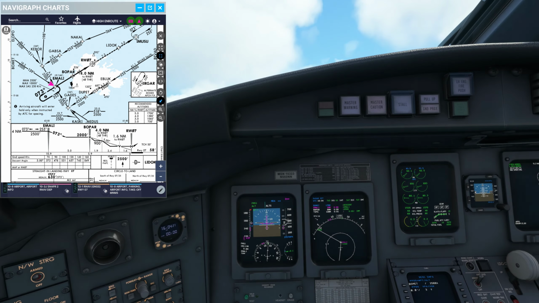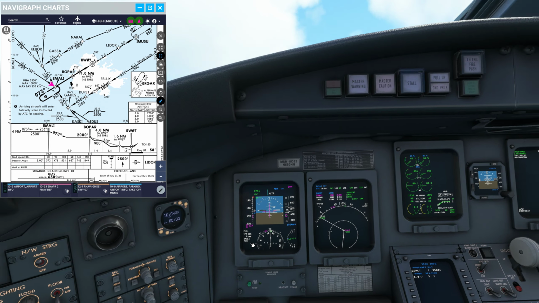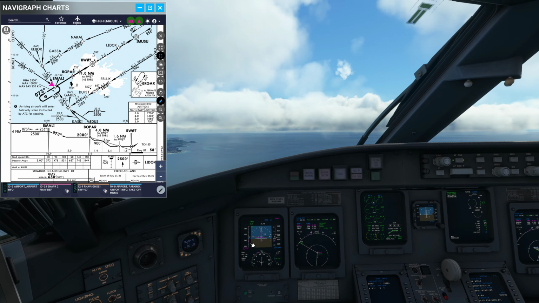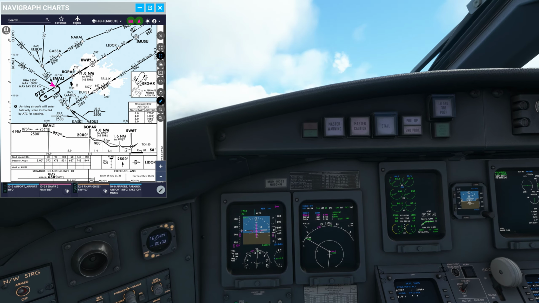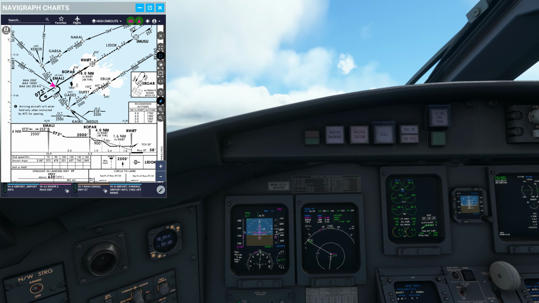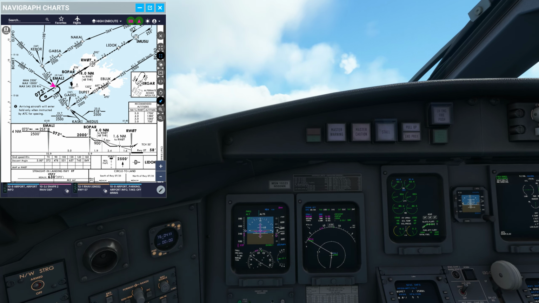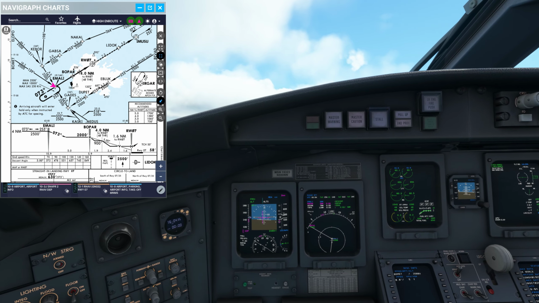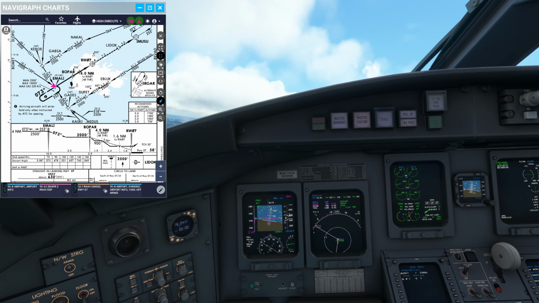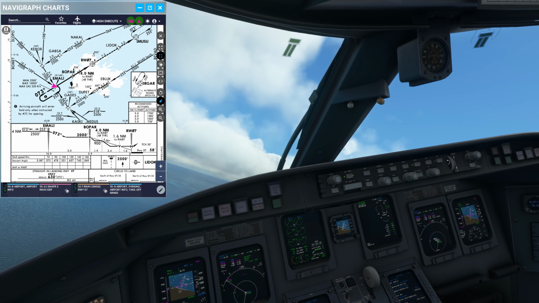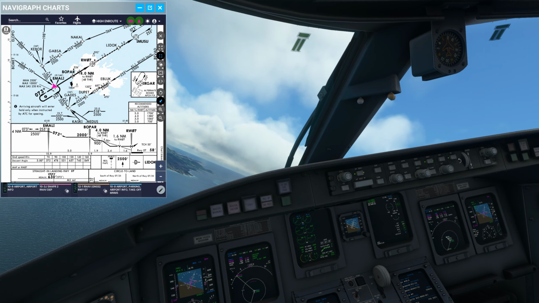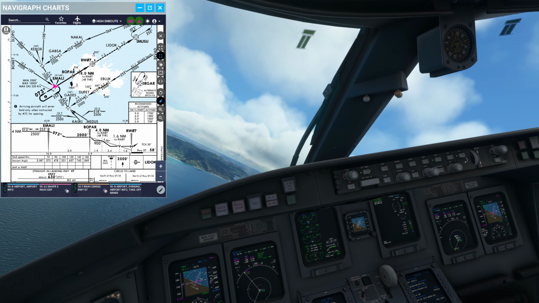Once I'm 0.3 miles from Amali right here is when I'm going to start making my descent. And it's fine being completely in on your instruments here, because this is an approach.